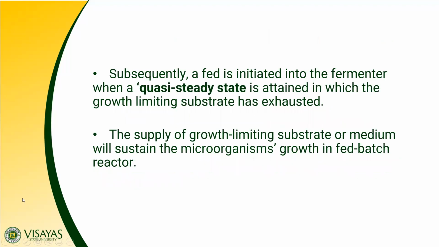Subsequently, a feed is initiated into the fermenter when a quasi-steady state is attained, in which the growth-limiting substrate has been exhausted, with the microorganisms having consumed the nutrients in order to grow exponentially and also produce the particular compound in the bioprocess.